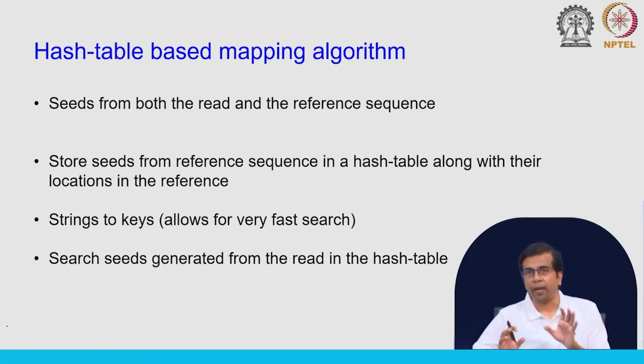And once we have stored these reference seeds into the hash table, we can generate seeds from the read and search against the hash table. So, we are searching for the seeds which are stored as keys, and if there is a match in the key, we will get a value, and that value will give the location of that seed. Okay. So, this is the brief idea, but we will elaborate this further with more examples.